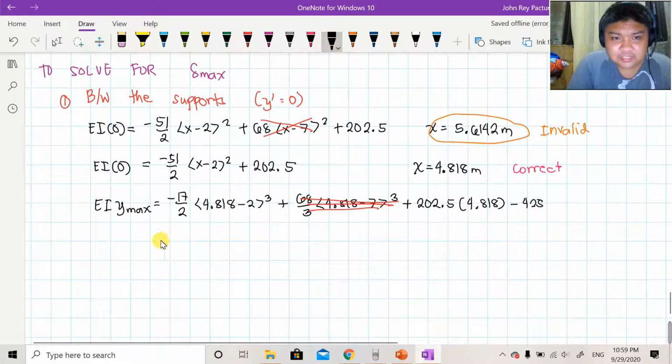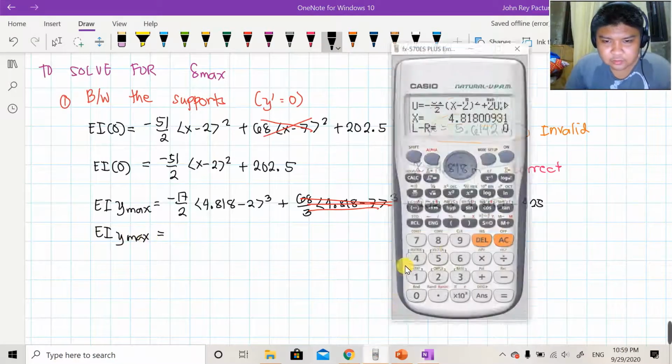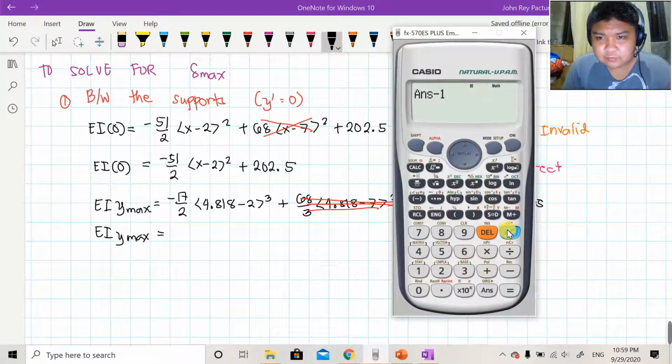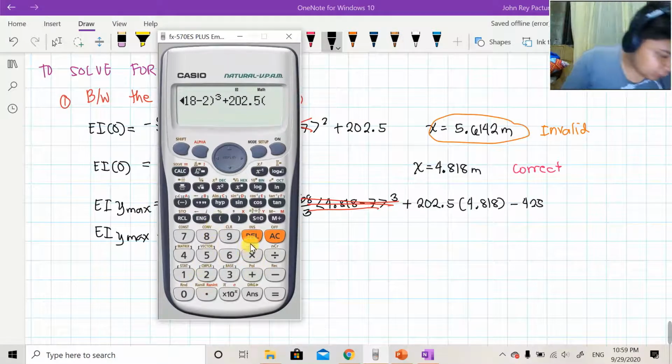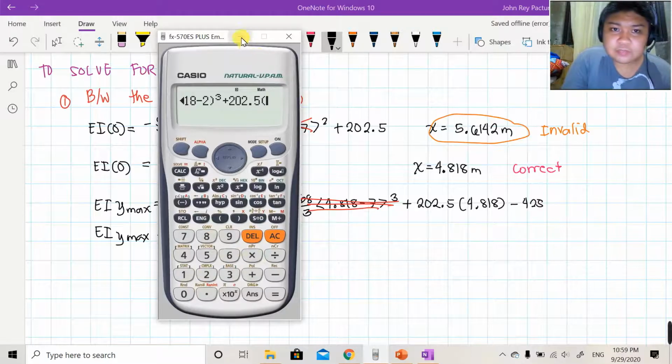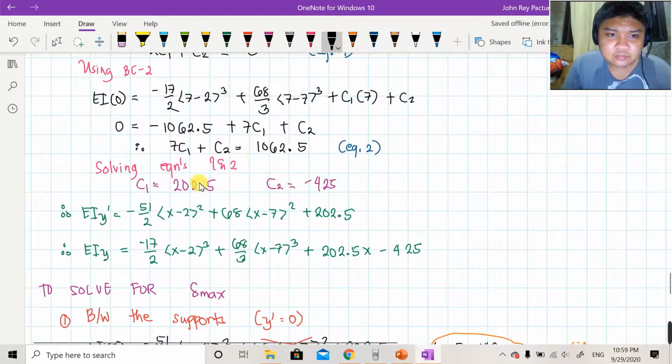Pag kinompute natin siya class, ang magiging kalalabasan ay EIY max tayo. So, compute the numerical value, negative 17 over 2, 4.818 minus 2 na naka-third power. Diretso tayo dito sa 202.5 na naka 212.5 pala, sorry. Bakit 202.5 dito?